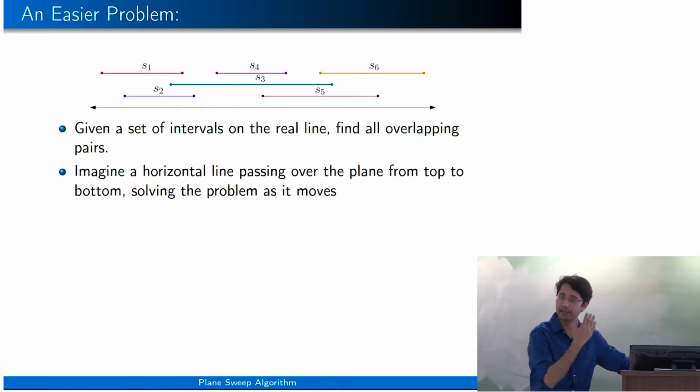Right? So I will delete it, it is no longer an active line segment. Right end point of S2, it is no longer an active line segment. Then I will encounter the left end point of S4. But what is the line segment that is active now? S3. So S4 must intersect S3. I will report that.